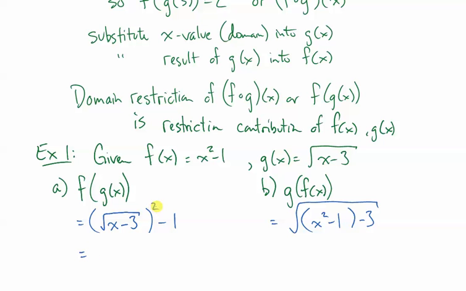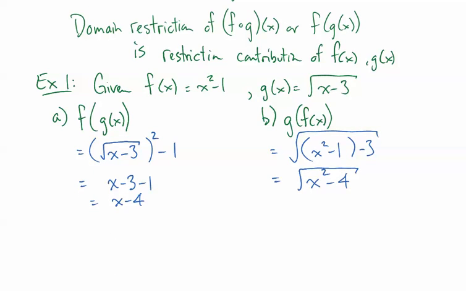Now, simplifying this result in part A, the square and square root are inverses, which cancel, leaving me with x minus 4. While in this part B example, I've actually got x squared minus 4 in a square root. So different results depending on what gets substituted in what place.